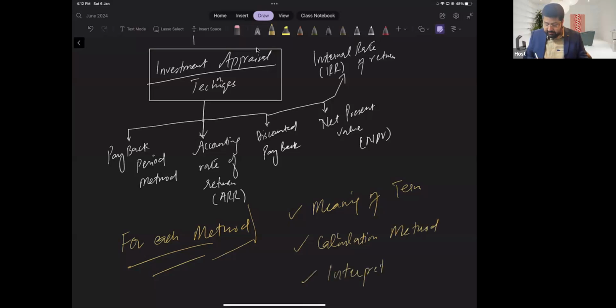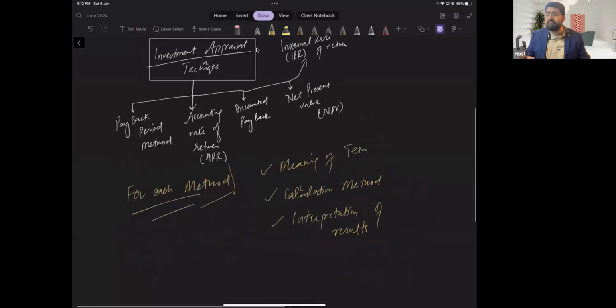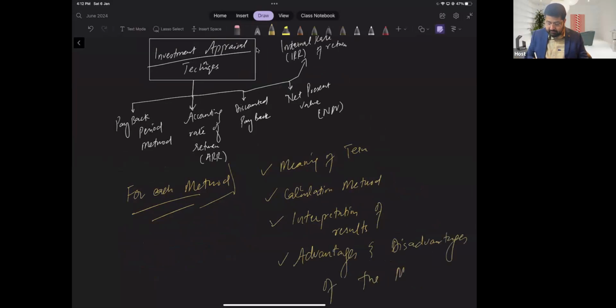The interpretation of results. And the advantages and disadvantages of the method. These 4 things we should learn for each method. If you give me just 2 minutes, I'll be back and continue with accounting rate of return.